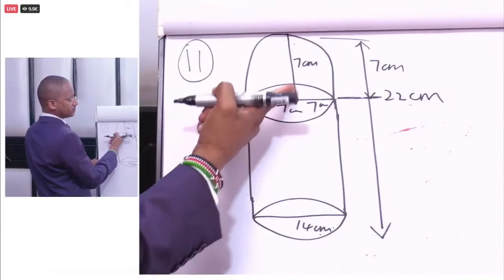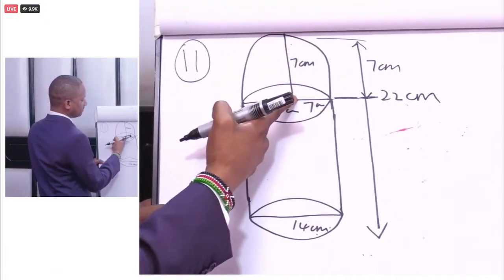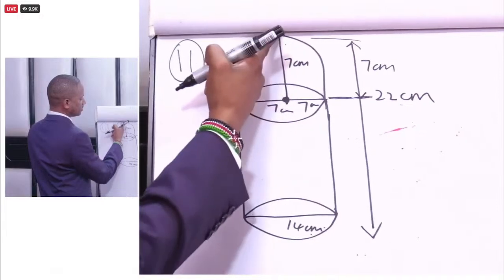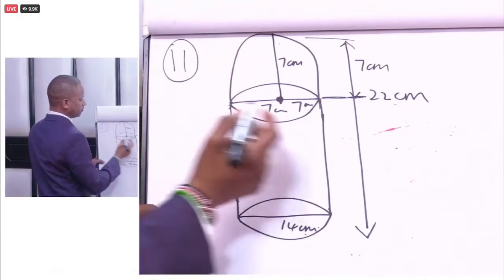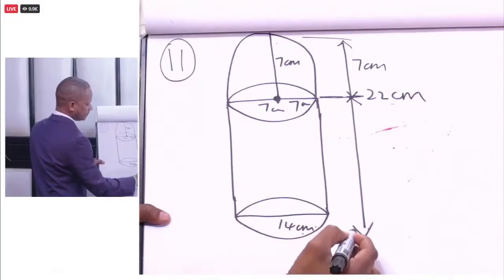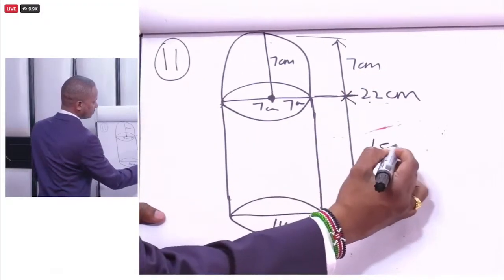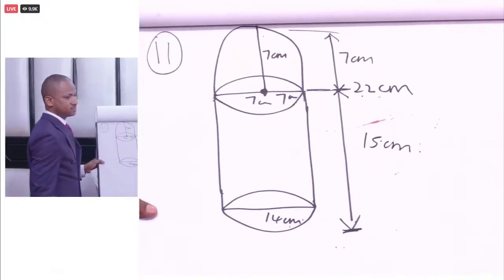You have not been told, but you just know the radius of this cylinder is 7. Therefore, from here to here is also 7. So the remaining length from here to here is 22 minus 7, which is 15 centimeters.